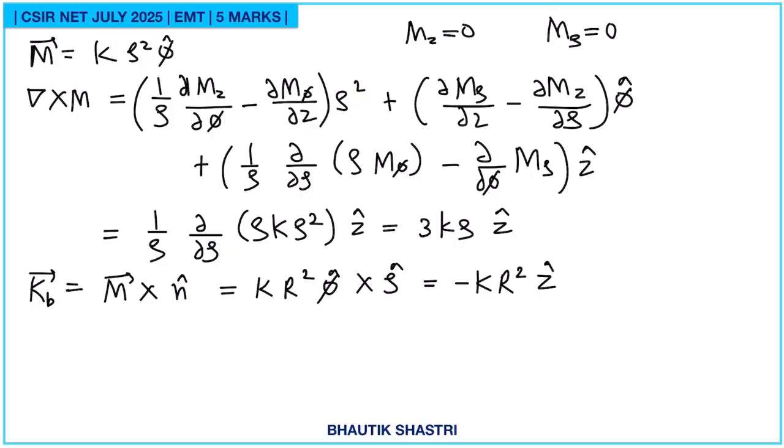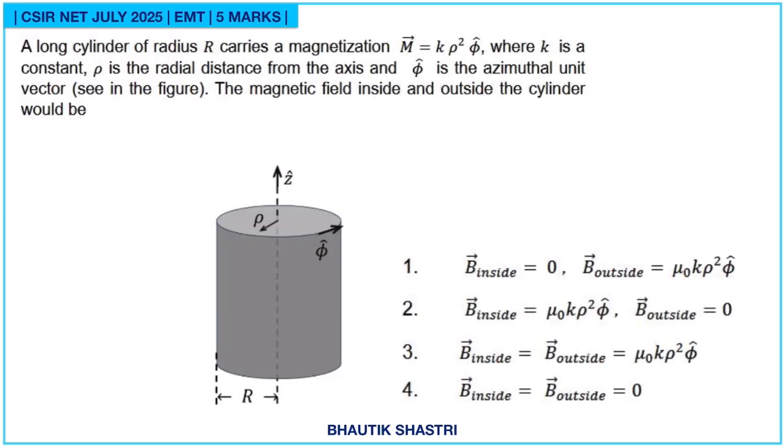So outside the cylinder there are no net currents enclosed. So the magnetic field outside will be equal to 0, and the magnetic field inside will be equal to mu naught into m, which is k rho square phi cap. So here option 2 is correct.